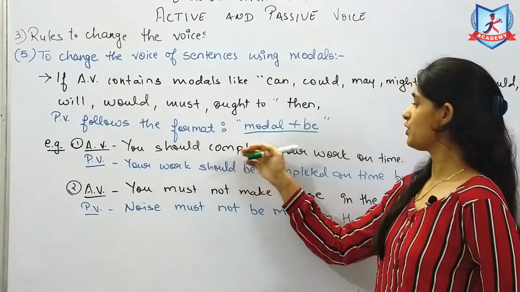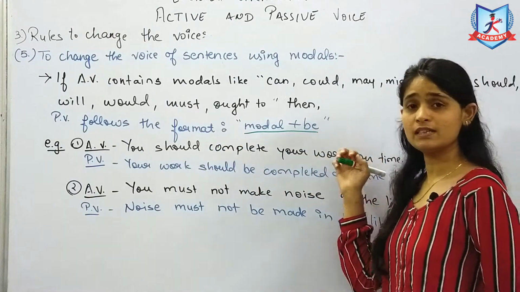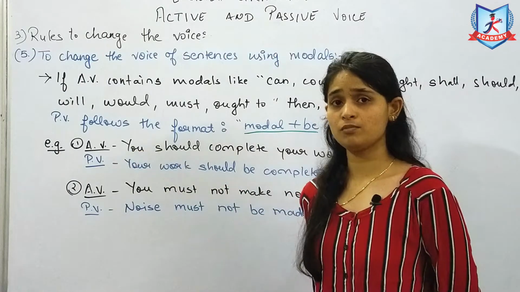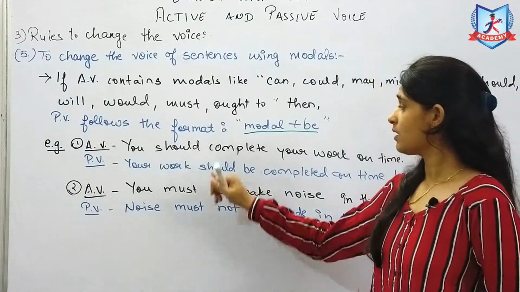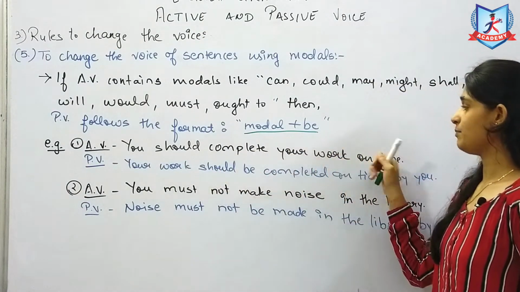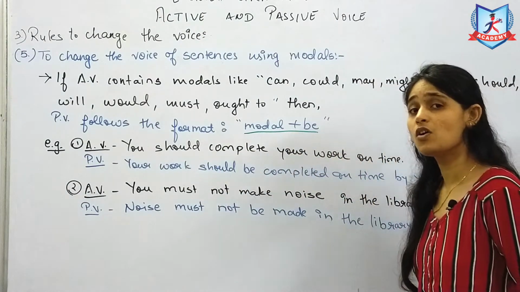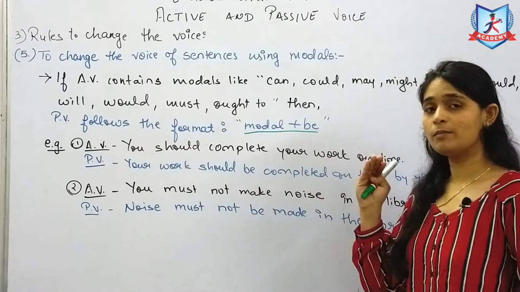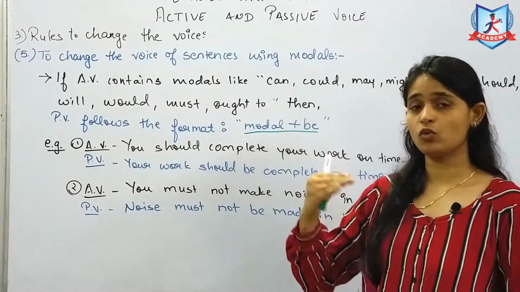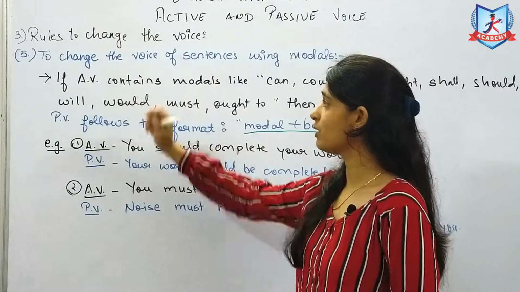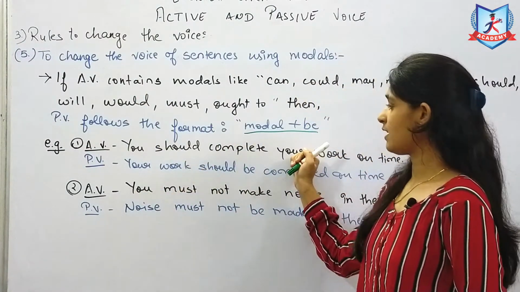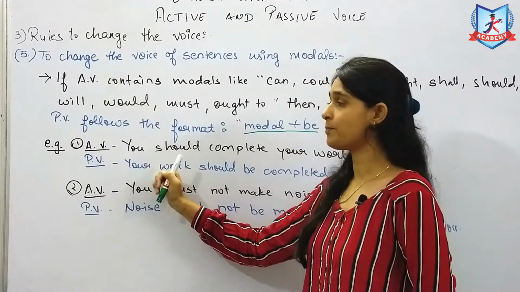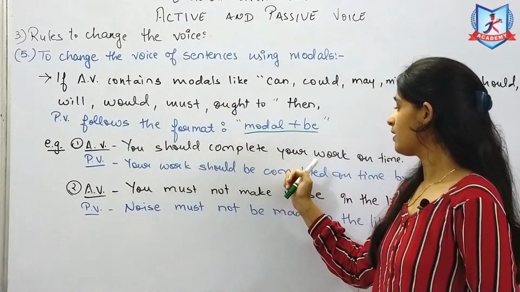For example, you should complete your work on time. In this case, you is the subject, should is the verb, and it is a modal verb. Complete your work on time. So your work here is the object. Now rule number 1, 2 jo hamne discuss kiye the woh follow honge, uske saath hamein rule number 5 ko follow karna hai. How? Jo object hai that will become my subject. Your work should be completed.